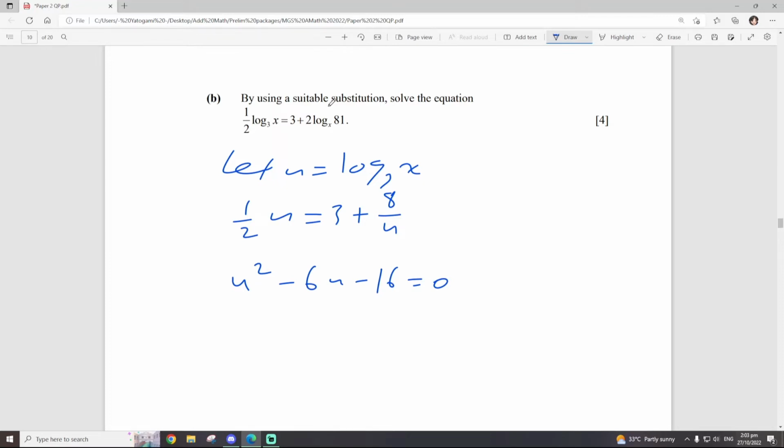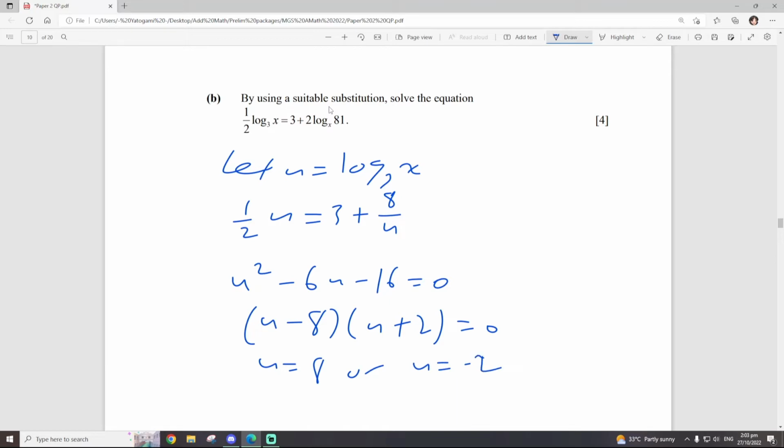Yeah, this looks right. Okay. So this factorizes to u minus 8 times u plus 2, I think, equals 0. So u equals 8 or u is negative 2.